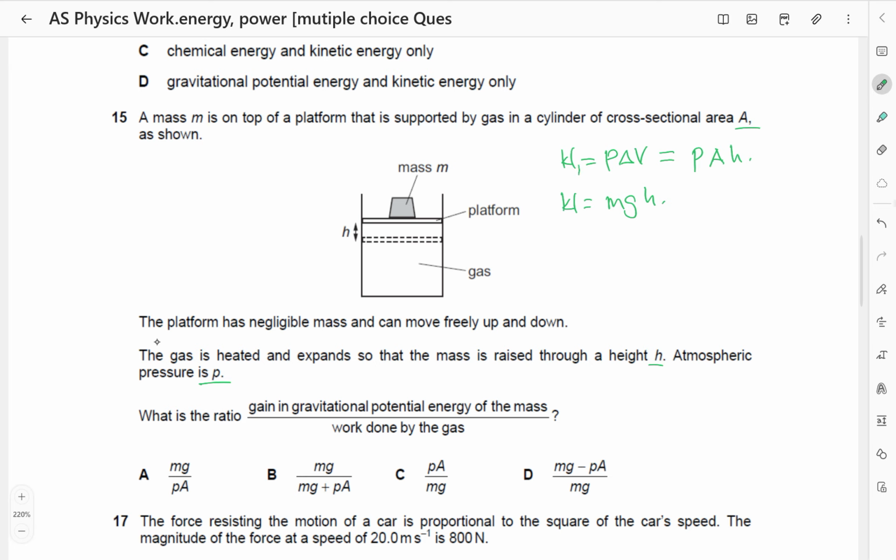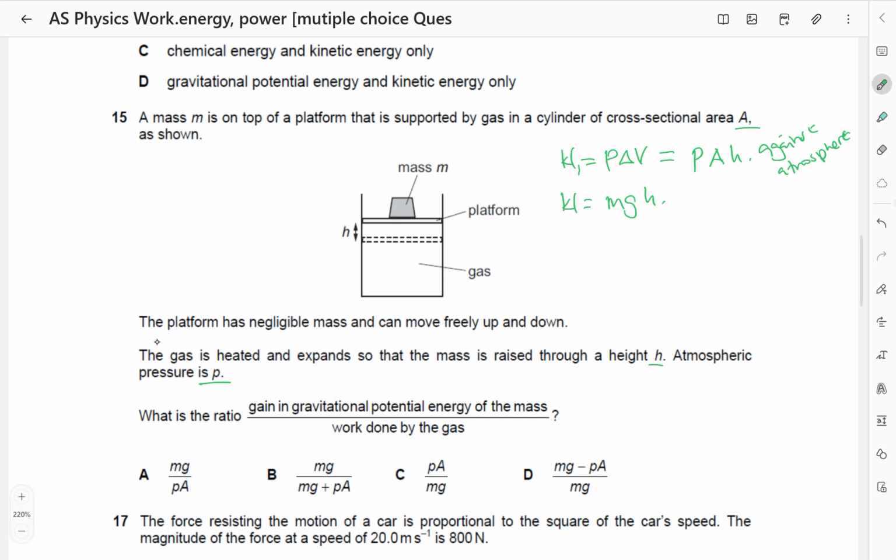This one is work done against the atmosphere. Okay, that is the work done against atmosphere, which is going to be pressure times area times h.